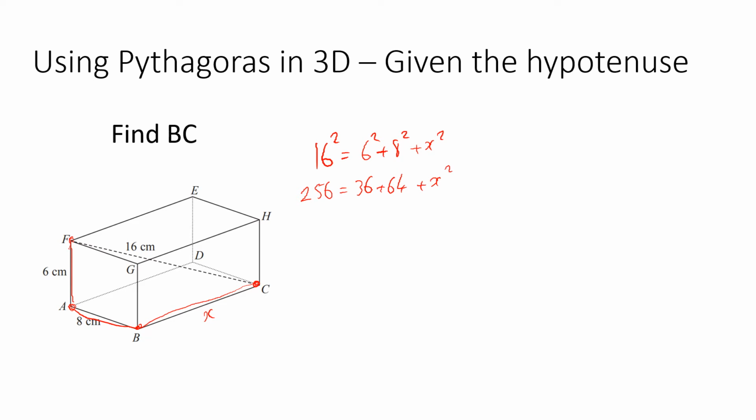And what's different this time is we're going to have to subtract that 36 and that 64 from the 256. If we do that, we'll end up with 156 equals our x squared. If we square root that, we're going to get that the length of the side that we're after is 12.49 centimeters. So all that's different if you've got the hypotenuse is you're going to be doing a subtraction.